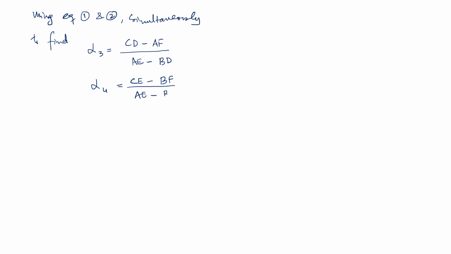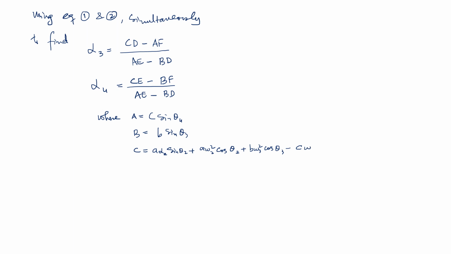where A is going to be equal to c sine of theta 4, B is going to be equal to b sine of theta 3, and then you have C, a bit long expression, which is going to be a alpha 2 sine of theta 2 plus a omega 2 squared cos of theta 2 plus b omega 3 squared cos of theta 3 minus c omega 4 squared cos of theta 4.